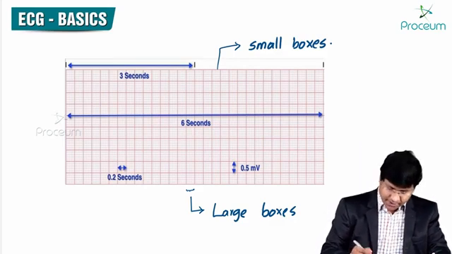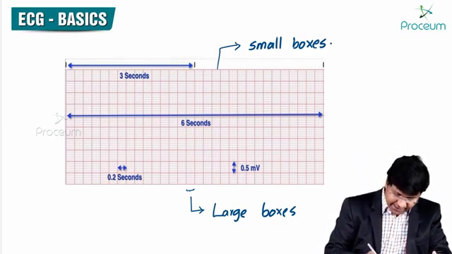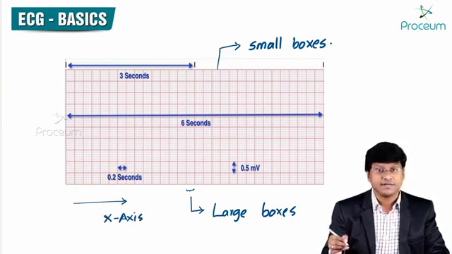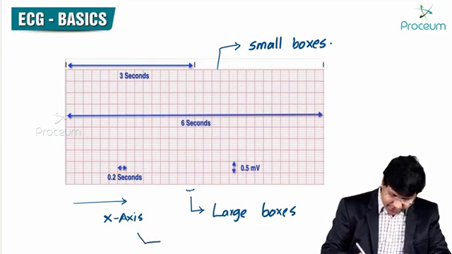You take the x-axis. The x-axis on the ECG represents the duration.